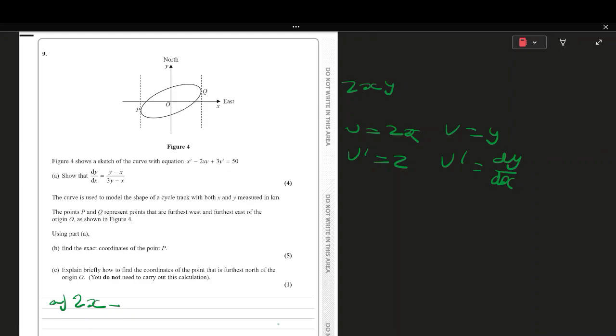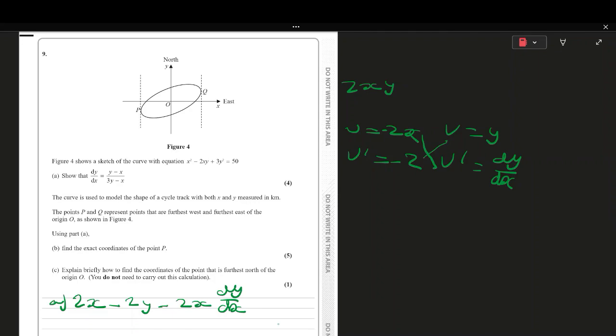Sorry, u dash is supposed to be minus 2, u is supposed to be minus 2x. So minus 2y, u dash times v, u times v dash, minus 2x dy by dx.